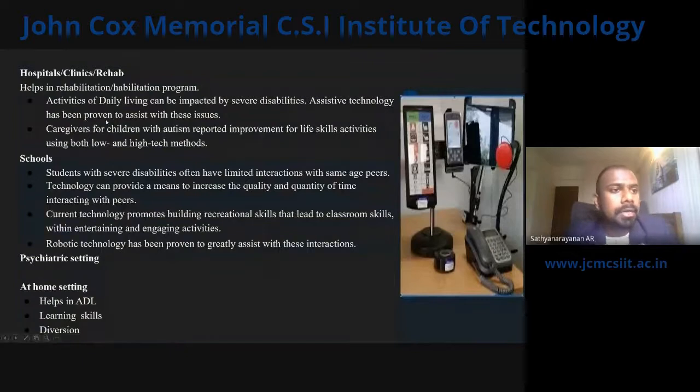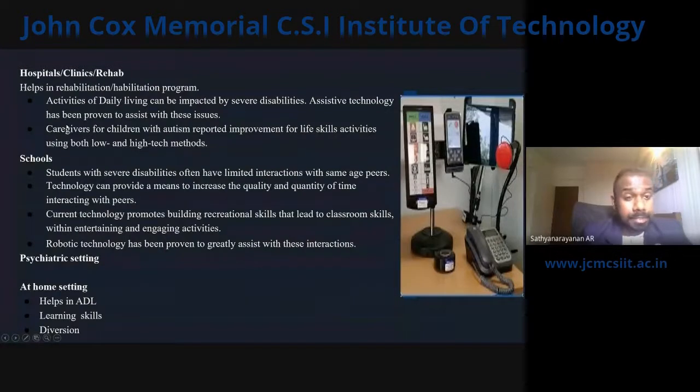Hospitals, clinics and rehabs use this, so we can validate it through these centers and rehabilitation programs, where they put whatever AT tools we develop into daily activities and look at the impact on severe disability, and it has been proven.